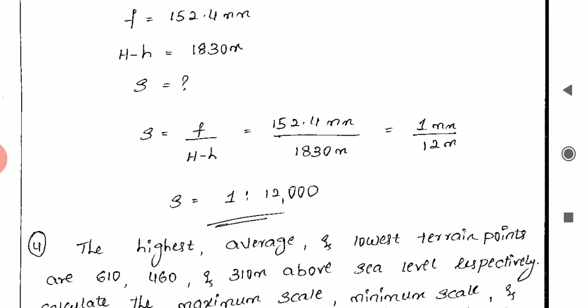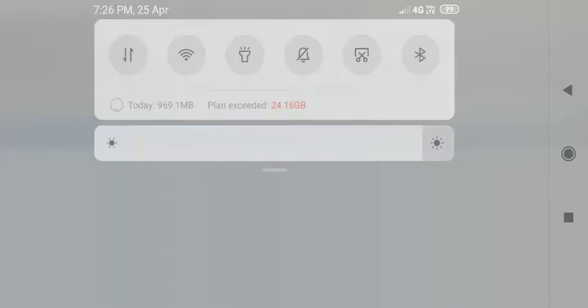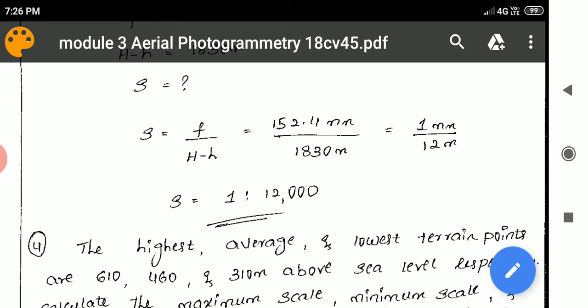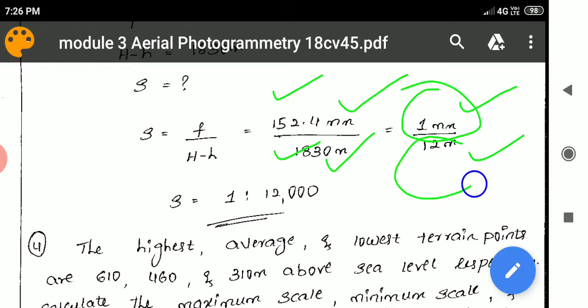Scale is, see here, f is 152.4 mm, it is in mm, so convert it to meter. After simplification, 152.4 ones are 1, divided by 12. 152.4 into 12 is nothing but 1830. So it is 1 mm, then it is meter.